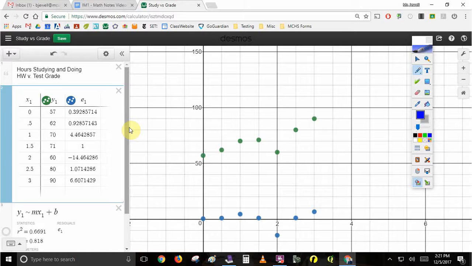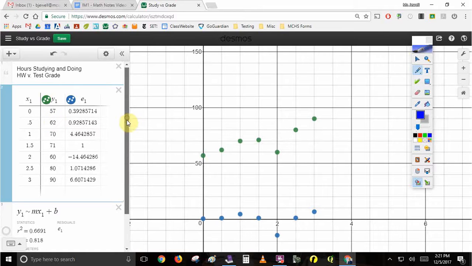So our y-axis would be your test grade, and our x-axis would be the number of hours that you studied and did homework to prepare for that test. The green dots are our data points. You'll notice that there's one point for each of the lines in our table.